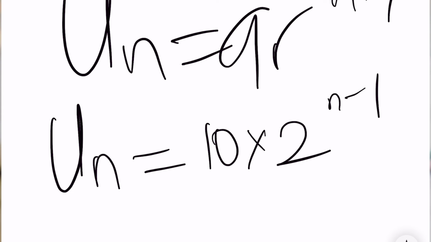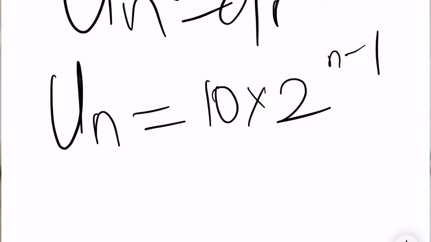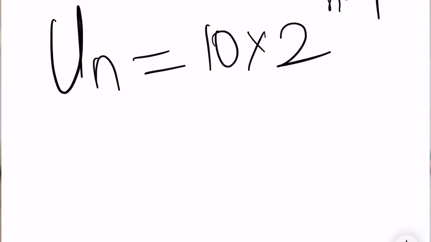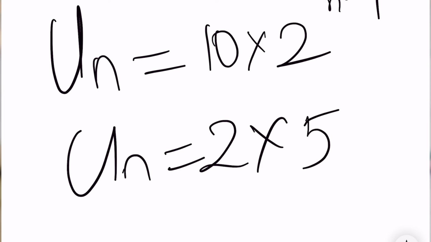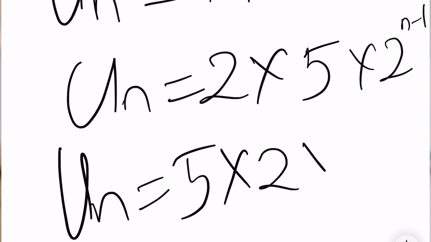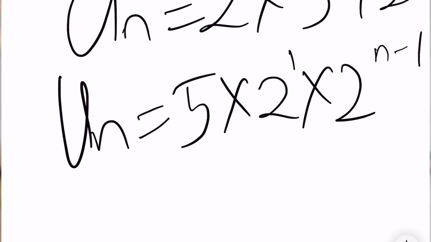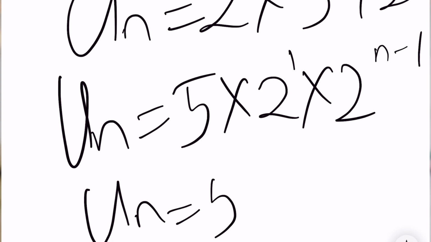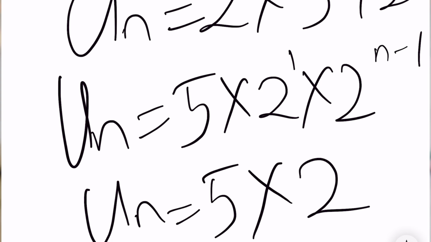Now, making use of the laws of indices, we can have Un to be 2 times 5 times 2^(n-1), where we can write it as 5 times 2 times 2^(n-1). In which you can also write it as Un equals 5 times 2^n.